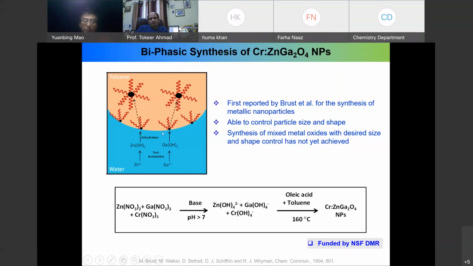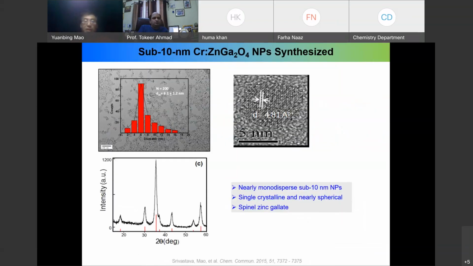And then these nanoparticles will transfer to the organic phase, and then the growth will be quite slow. And that makes these nanoparticles quite uniform. So that's the synthesis process. And then eventually it worked. And you can see that the nanoparticles are small and quite uniform.